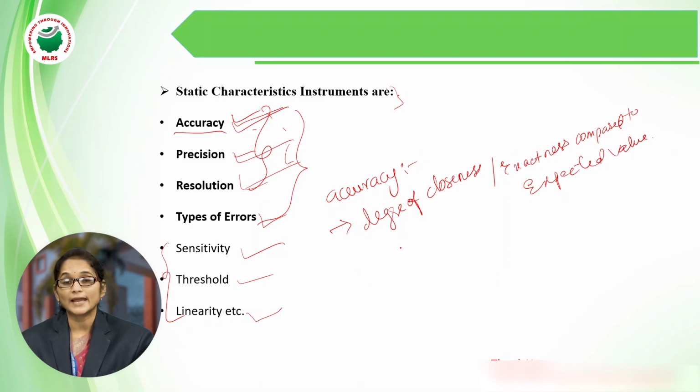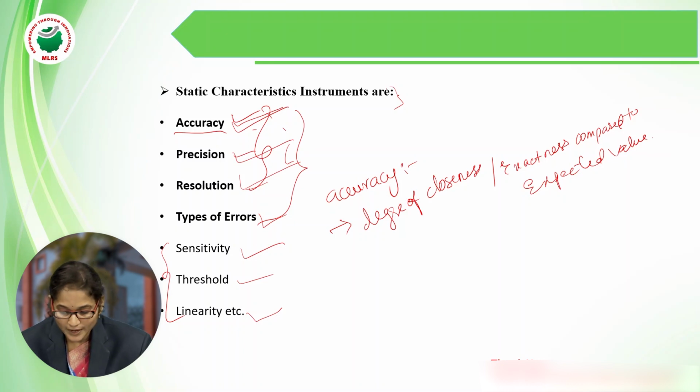We are going to calculate the true value, the exact value, the closest value; then it is called accuracy. Accuracy is the degree of closeness or exactness compared to the expected value, to which the instrument reading approaches the true value of the quantity to be measured.